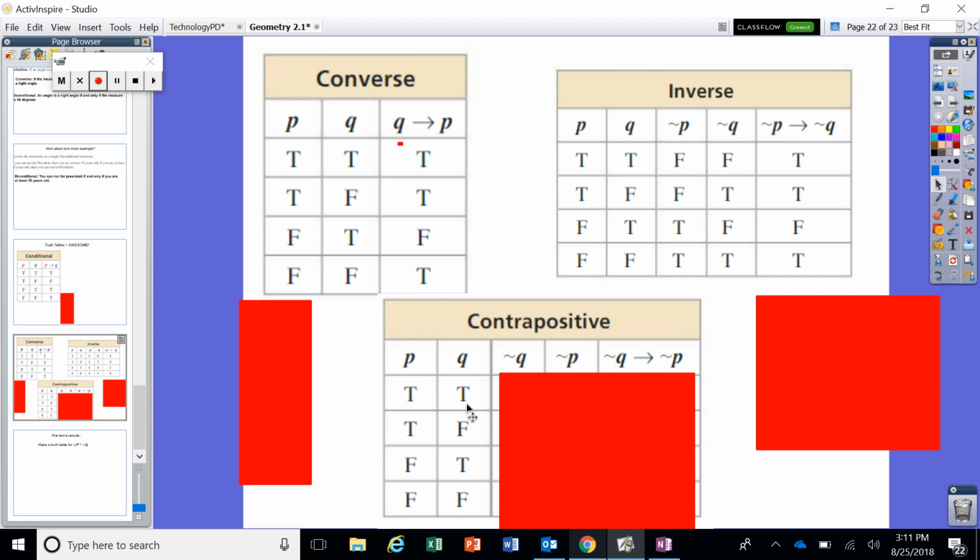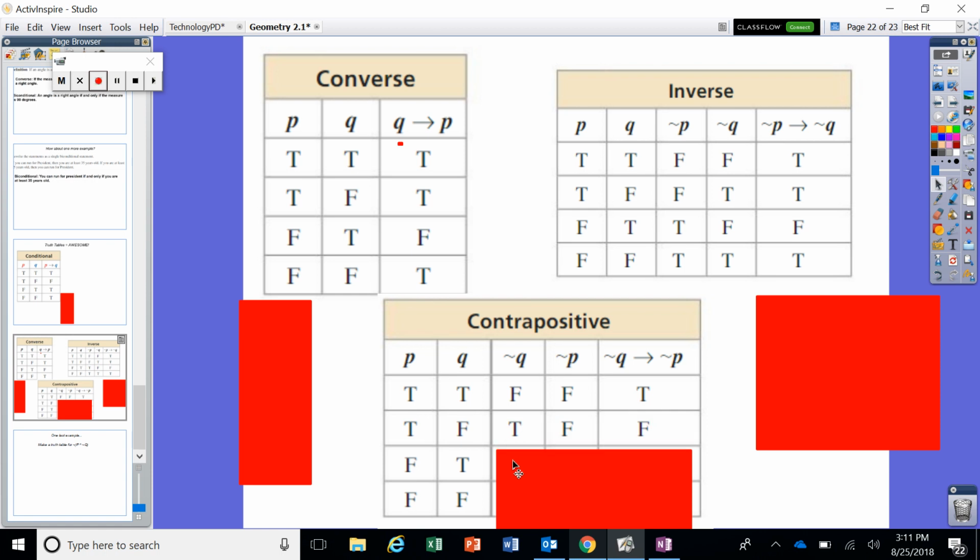True becomes false, true becomes false. So false implies false is a true statement. True becomes false, false becomes true. So now not Q, not P should be false implies true, hmm, I mean true implies false, which when false is second, is a false statement overall.